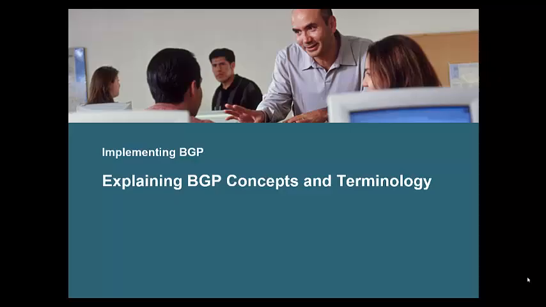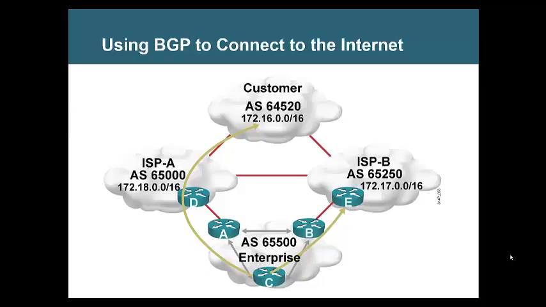So for these two big reasons, this is the preferred protocol between autonomous systems like this. If you see, we have 4 autonomous systems in this picture.